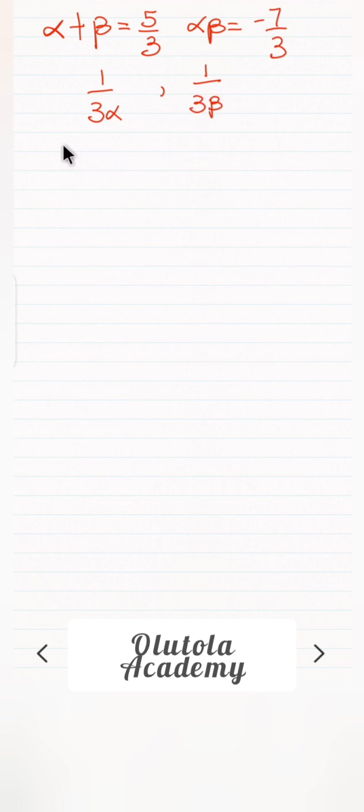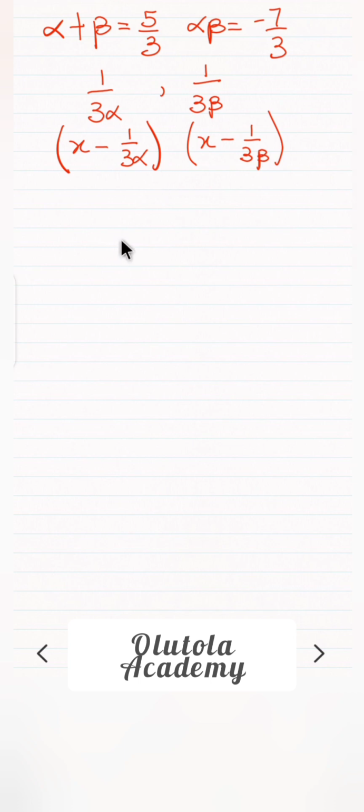What I did in the previous video lesson was that I turned this into a factor by writing x minus 1 over 3 alpha and x minus 1 over 3 beta, and I multiplied that.